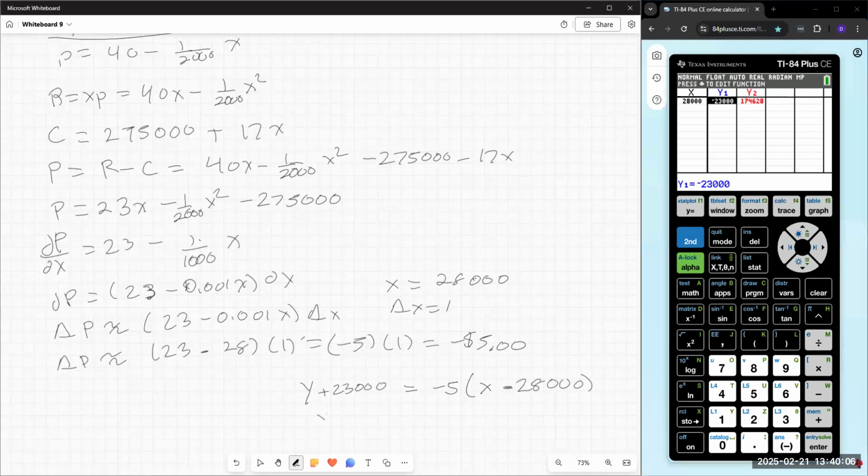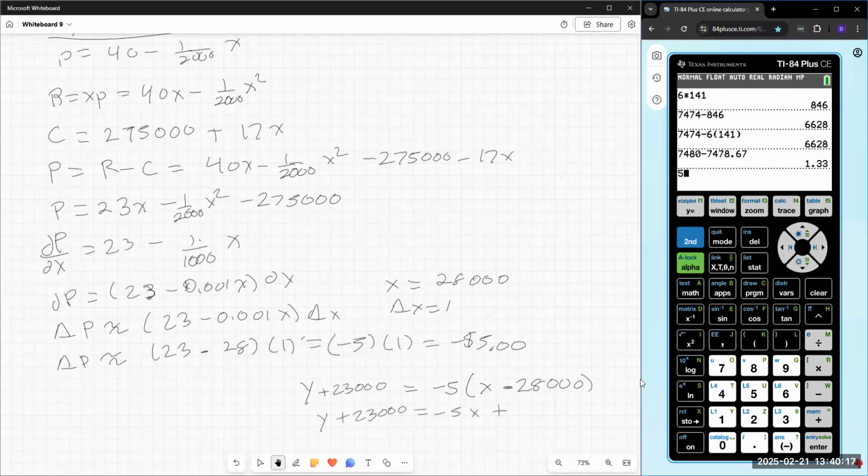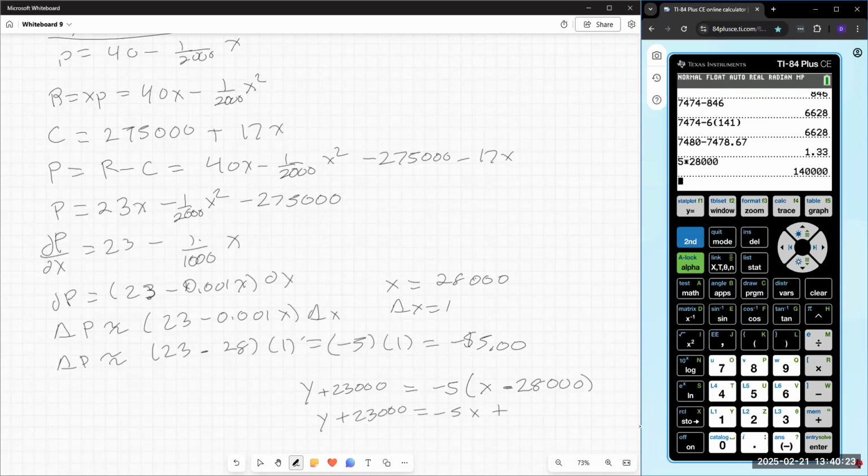So this is y plus 23,000 equals -5x plus 5 times 28,000, which is 140,000. 140,000 minus 23,000 is 117,000. Okay, so that's my tangent line.